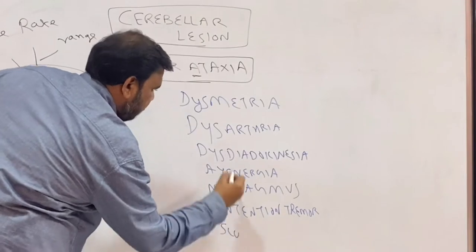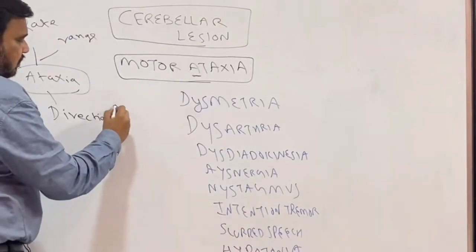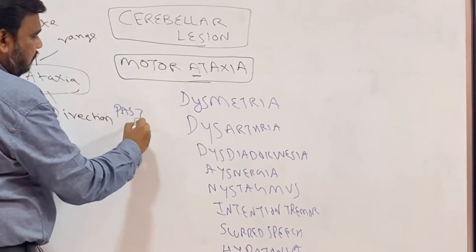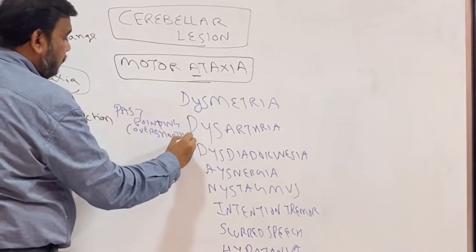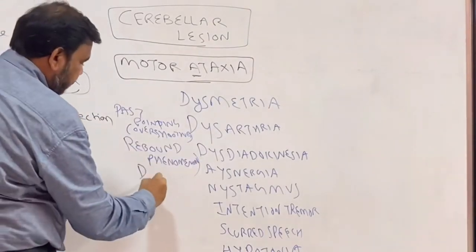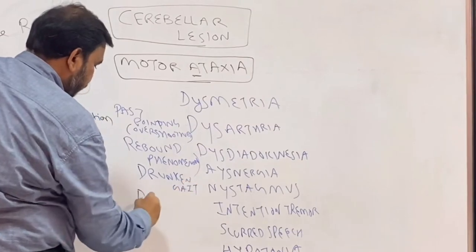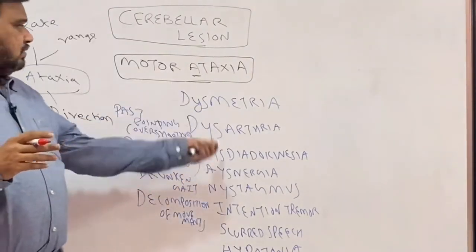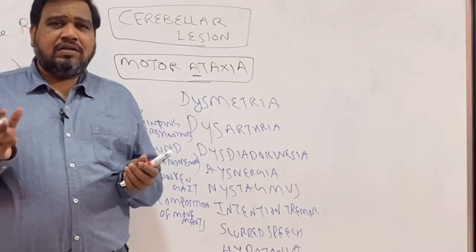Slurred speech, which comes already in dysmetria, hypotonia, past pointing, also called overshooting, then rebound phenomenon, then drunken gait, then decomposition. All these are features of cerebellar lesion.